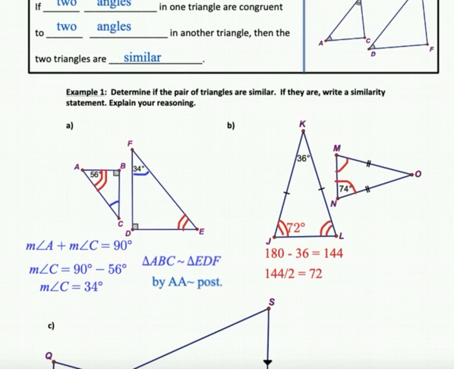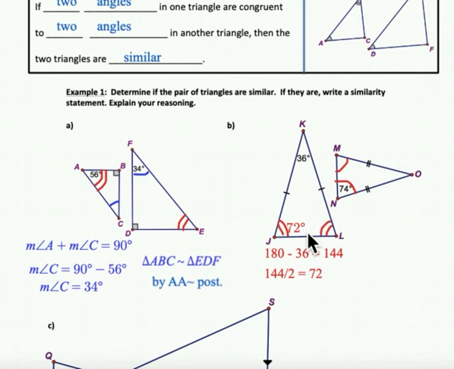To find the measure of angle J and the measure of angle L, I'm going to subtract the 36-degree angle from 180 degrees to get 144. So these two angles have to add up to 144, and they're both the same measure, so just take 144 degrees and divide it by 2 to get 72 degrees.